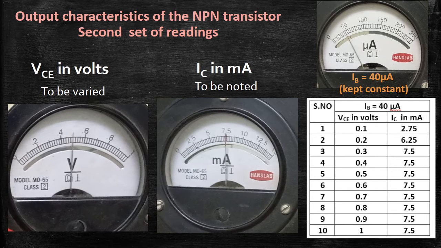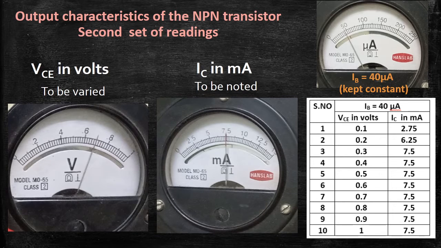Are you clear? Now it is increased from 0.5 to 0.6. VCE value is 0.6 volt. What is the value of IC? Again it shows 7.5. Are you clear? Now VCE is increased from 0.6 to 0.7. Look at the value of IC, 7.5.